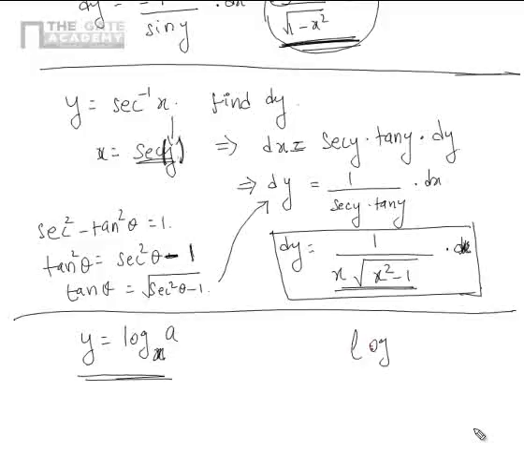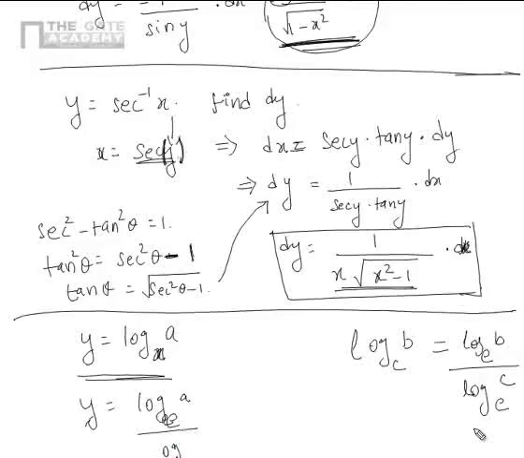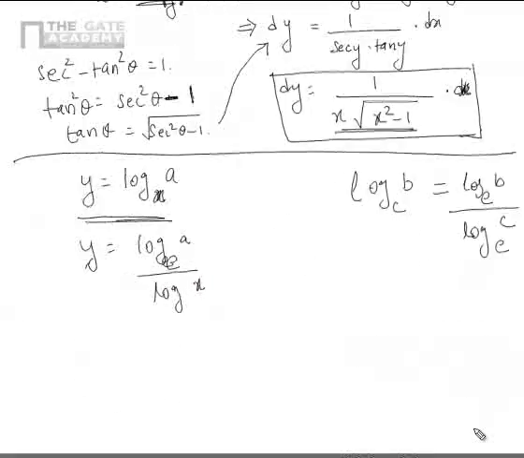If I have log b to the base c, this is nothing but log b to the base e by log c to the base e. Correct? Going in the same sense, I can convert y as log a to the base e by log x to the base e.